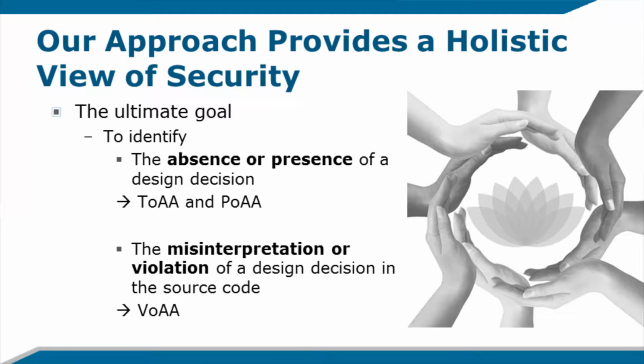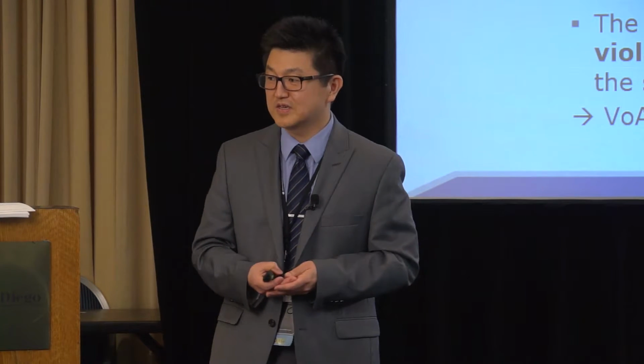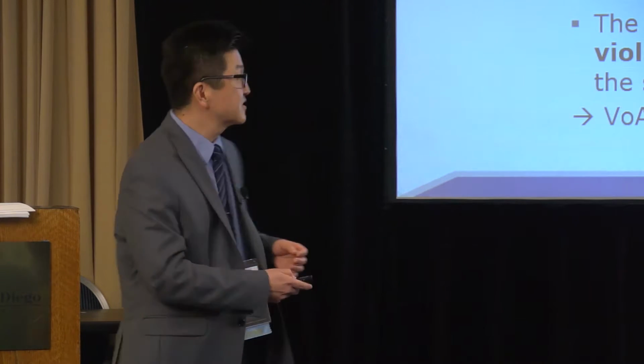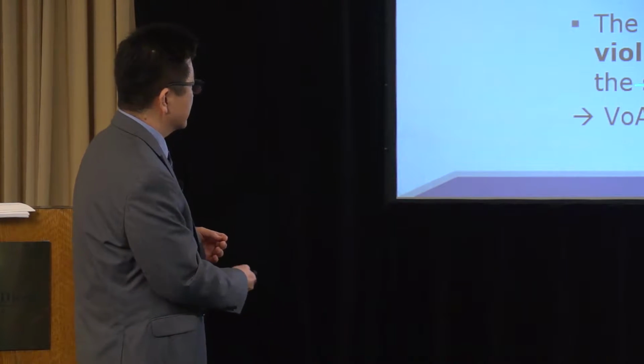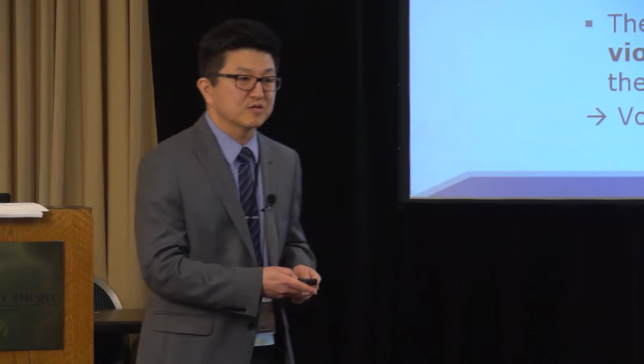And then finally, we also try to double check, because we want to see all the way throughout the code whether these design ideas are actually implemented or not. Because you may have a great idea, but if you're not executing your idea, then it's almost good for nothing. So that's what our vulnerability-oriented architectural analysis is all about.